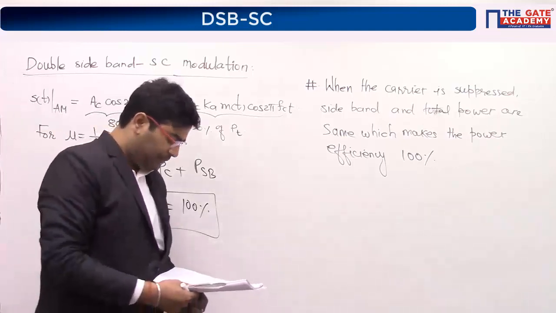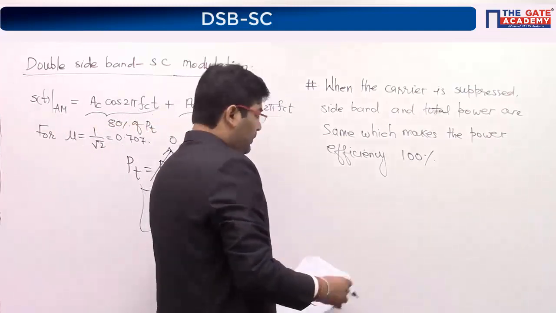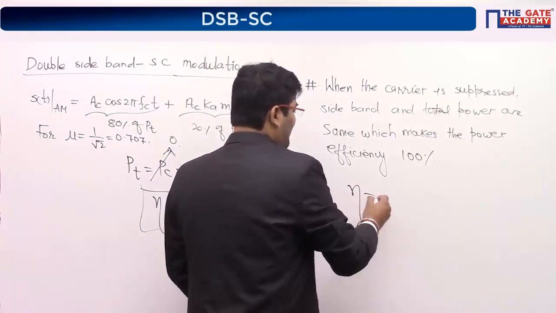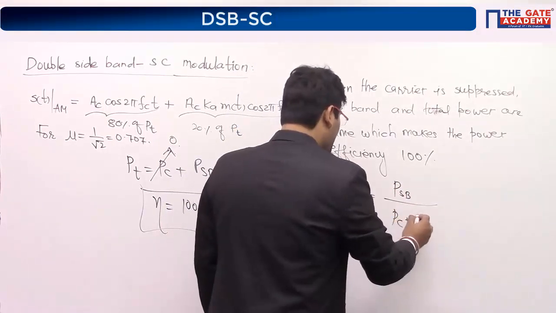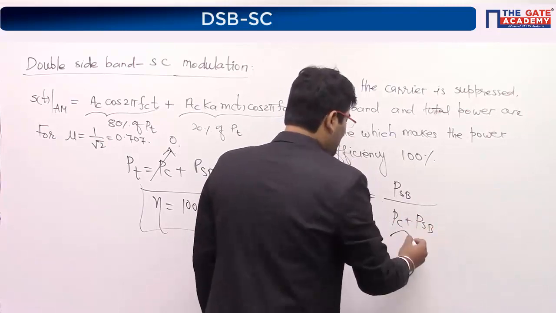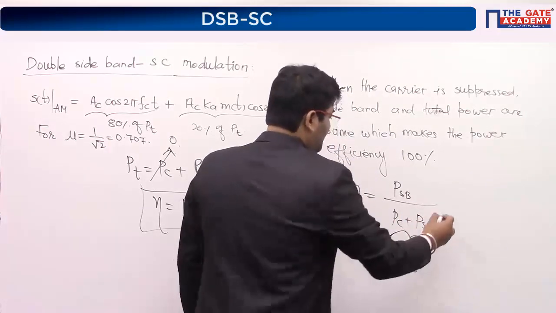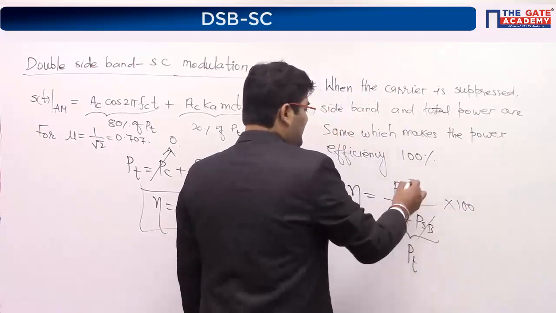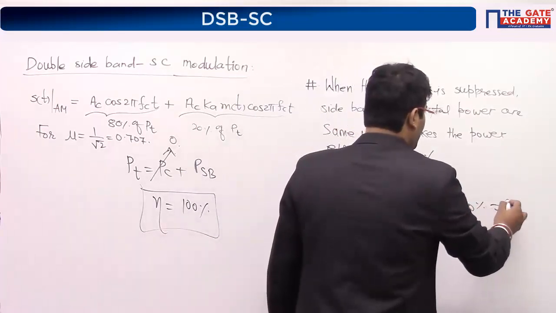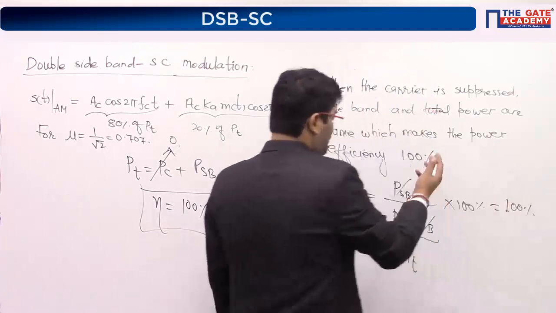Because if you recall, the formula of power efficiency was sideband power upon carrier power plus sideband power, because this was your total power, and the moment you make the carrier power 0, this is 1. If you write it as a percentage, it is 100%. So you have proved it as well.